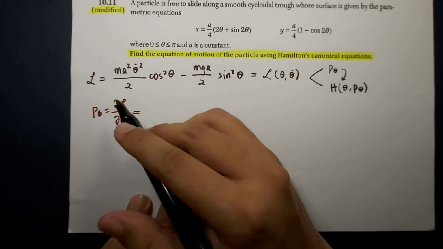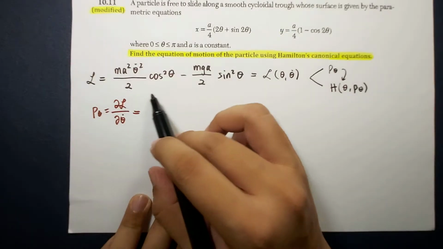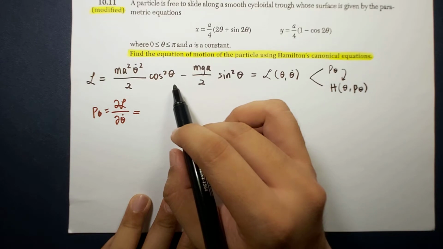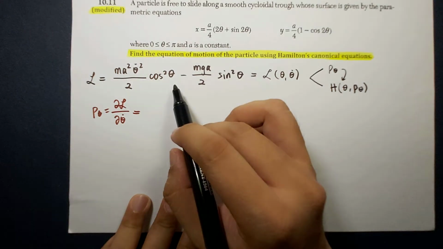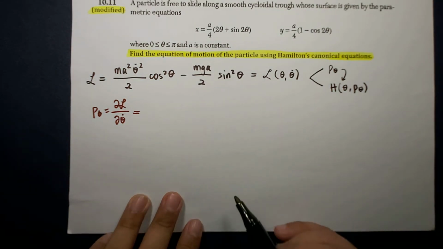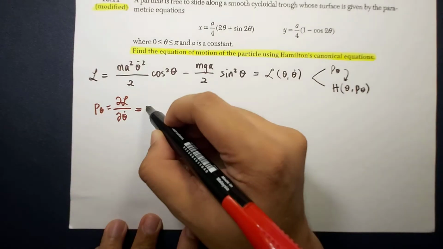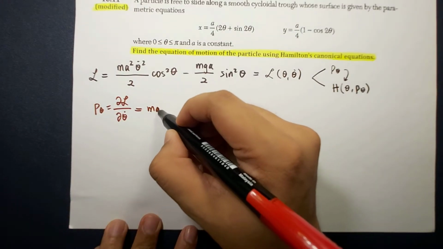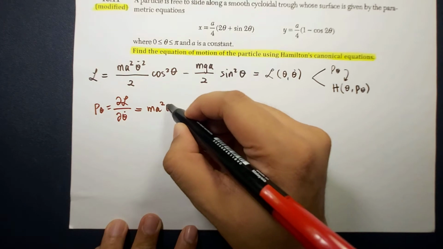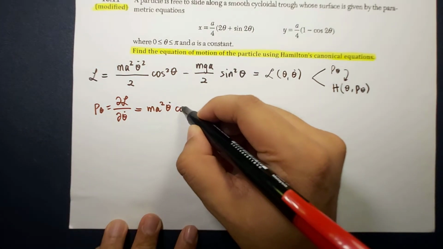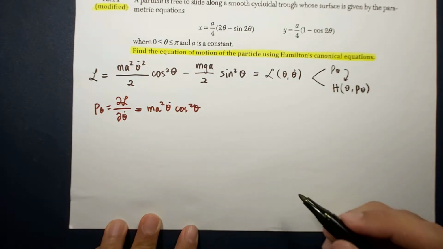So that means we only differentiate this part of the problem. Now we have m a squared theta dot cosine squared theta.